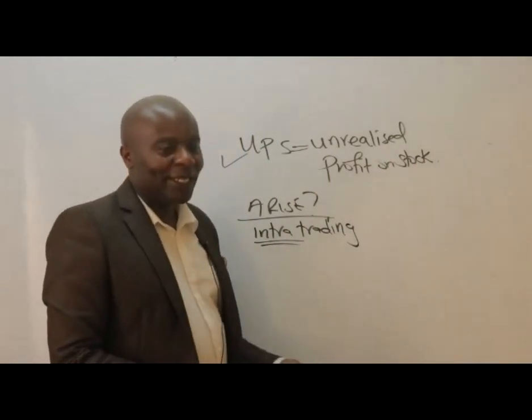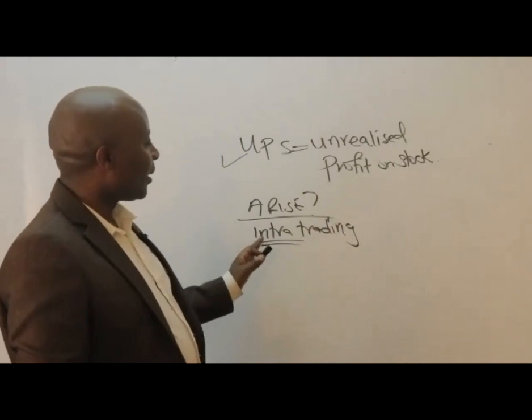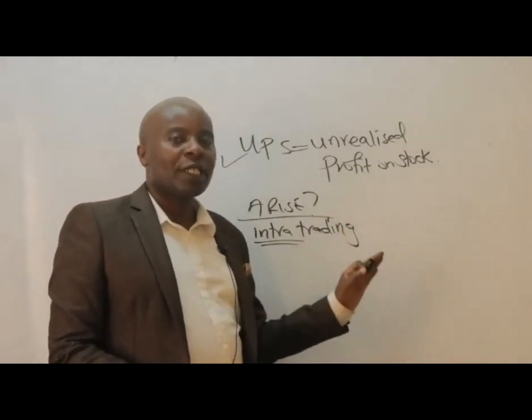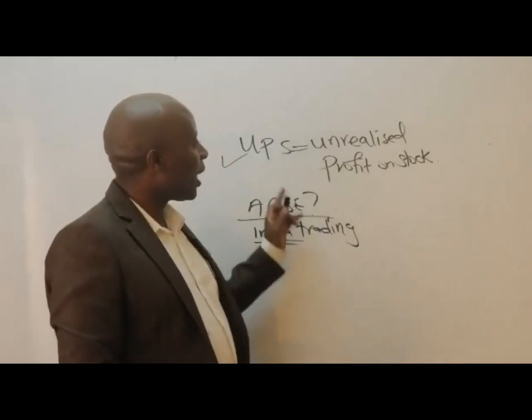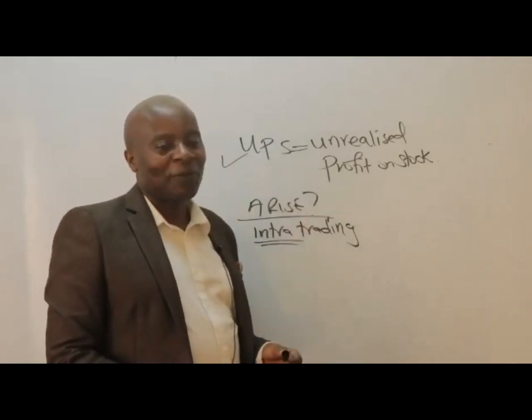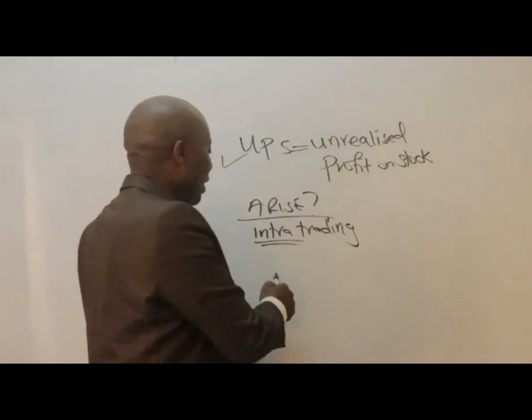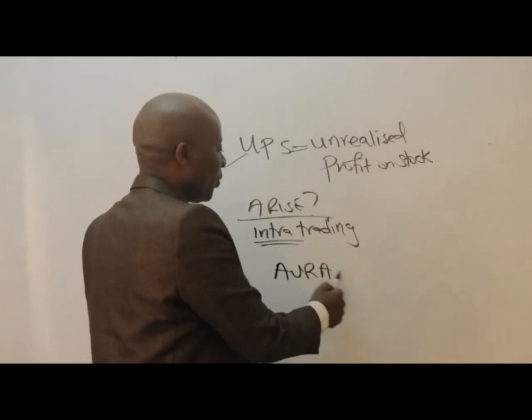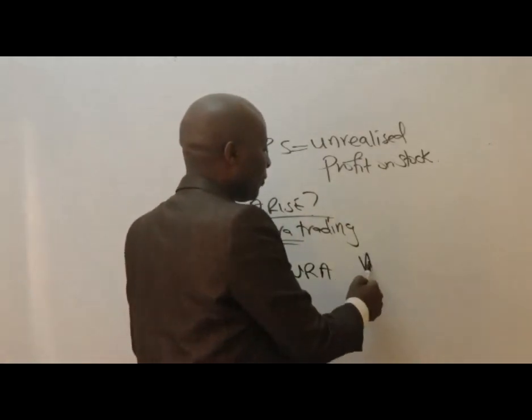Whenever there are two companies which are related, selling goods to each other, in most cases we shall have what we call unrealized profit. So we have in this case A. A could be Aura, and then we have my dear wife, Anaitwa Naomi.